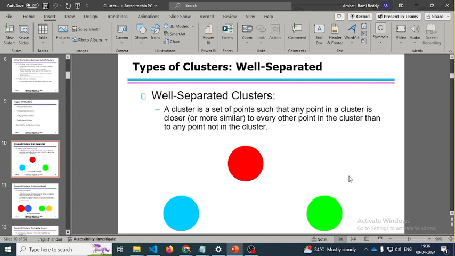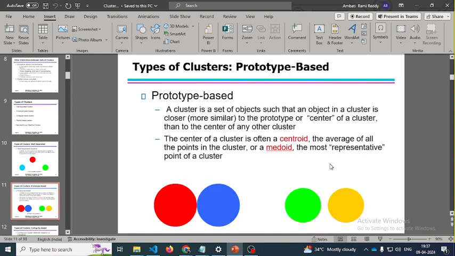All these clusters are separated in a nice manner. In upcoming slides we can see some other clusters which are not well separated. We may still call those data points clusters, but they are not well separated clusters. I will tell you at that time.